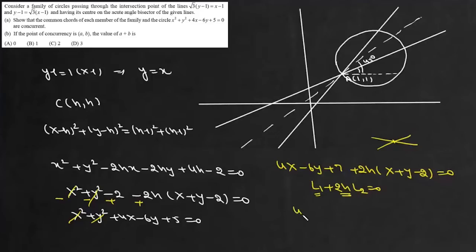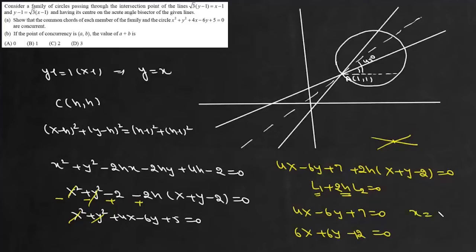So we have to find the point of intersection of 4x minus 6y plus 7 equals 0 and x plus y minus 2 equals 0. Now we'll multiply the second equation with 6. So it will be 6, 6 and 12. And if we add them, we'll get 10x equals 5.